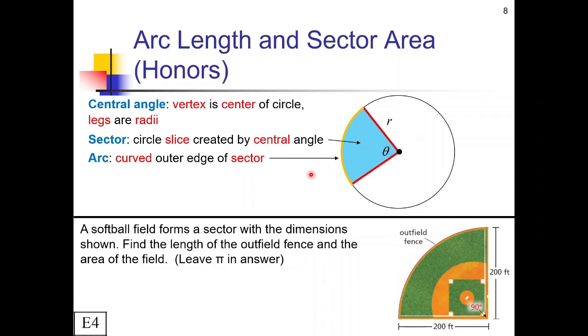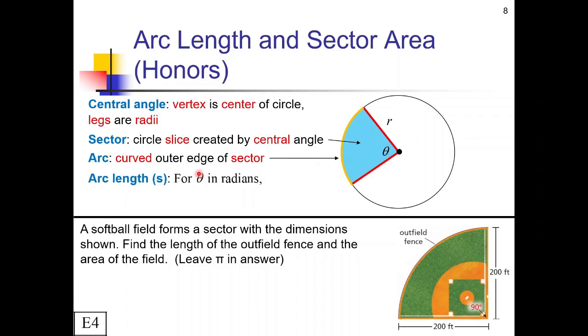The two big things they're looking for us to figure out in this problem down here are the area of this slice and the distance of this outer edge. Let's deal with the outer edge first, because this is what radians are really good at. This is the arc length, and we usually use a little s to represent it.